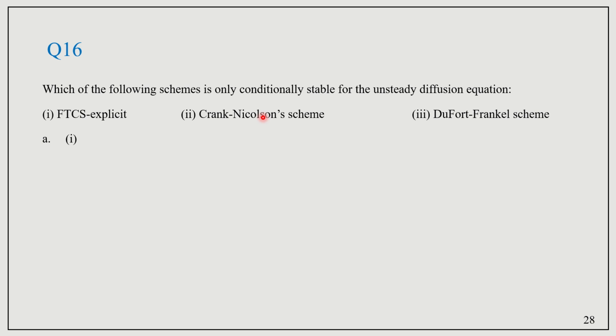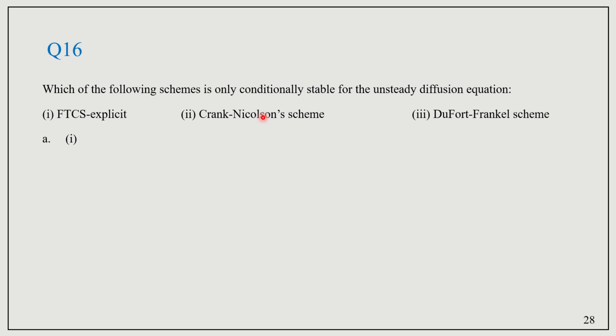The Dufort-Frankel scheme is also mostly unconditionally stable, but it avoids the time step restrictions. It is like a combination scheme and a complicated system, so we can directly say it is the first one, the FTCS explicit scheme.